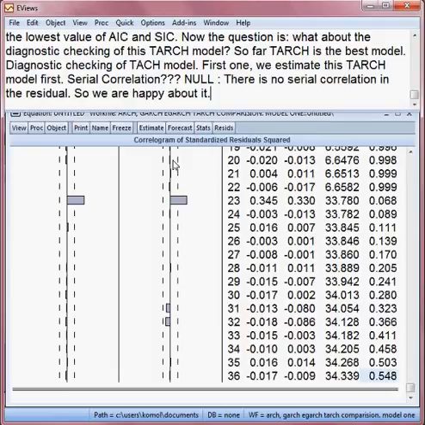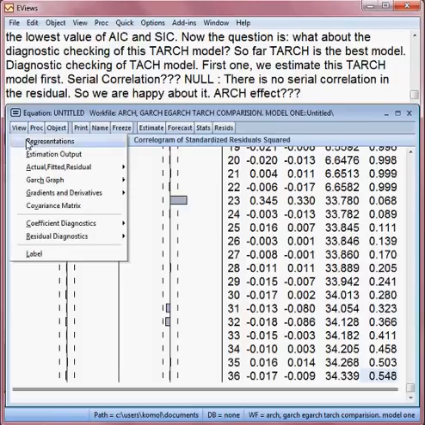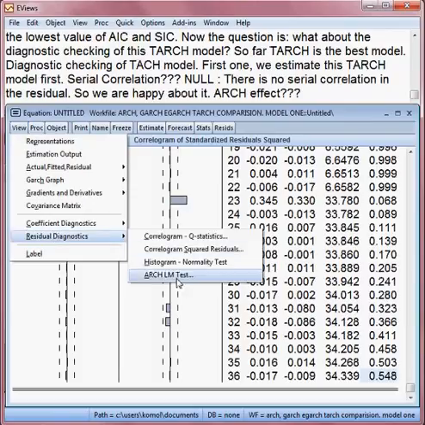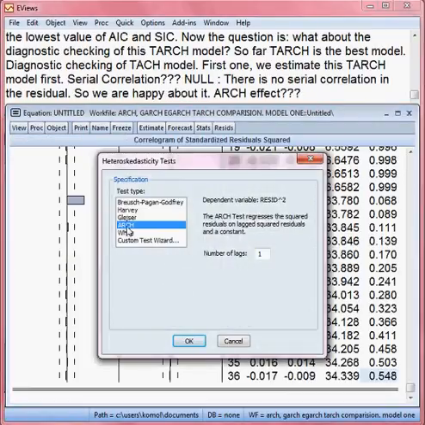Then we check whether we have ARCH effect or not. How to check? I go to view, then residual diagnostic, then ARCH LM test. Here I choose ARCH and click OK.